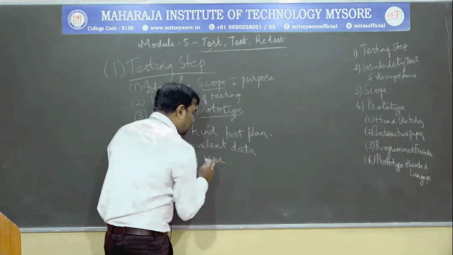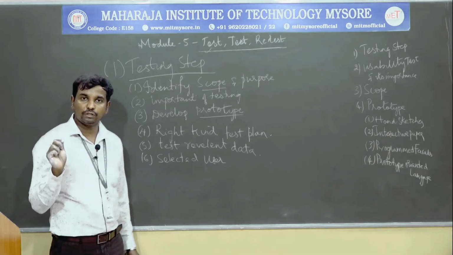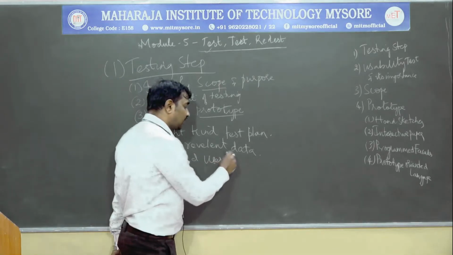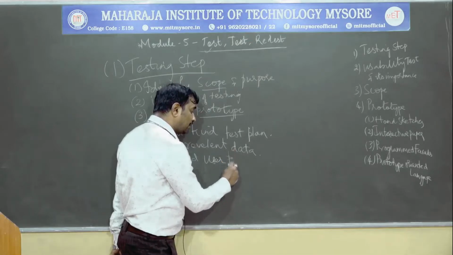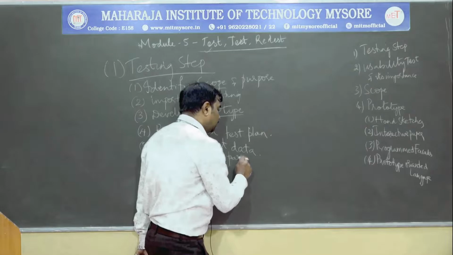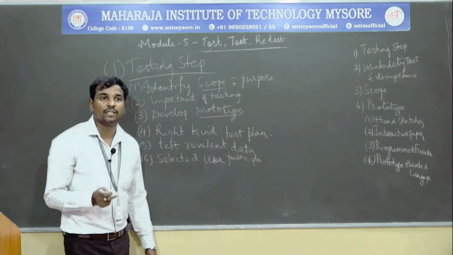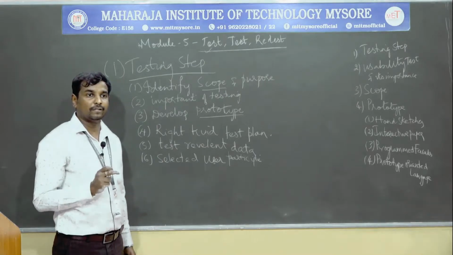We are doing the testing with respect to the usability test also. We need to identify the user participation: who are the persons going to use the prototypes, and what knowledge they need to have.